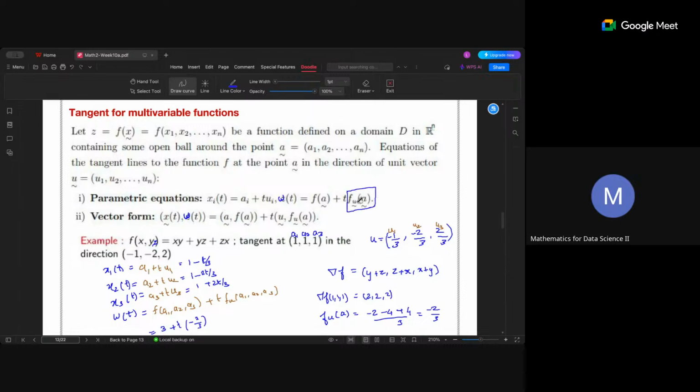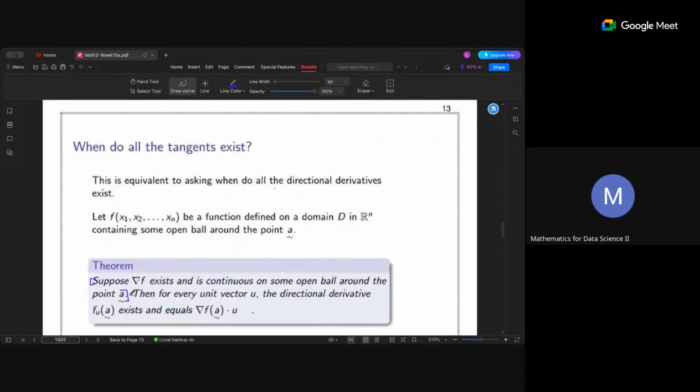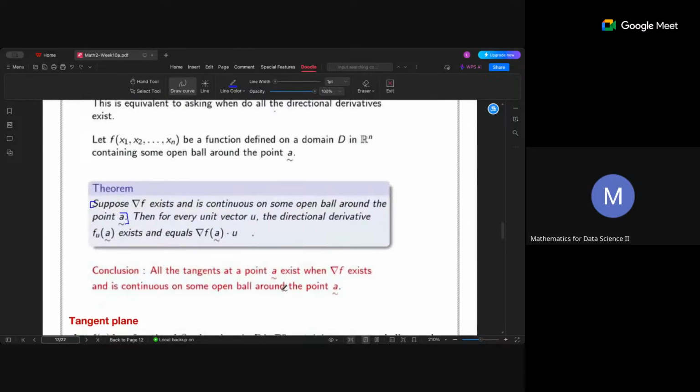This is the only thing. If this exists, then the equation of the tangent is ready for us. It means the tangent exists, yes or no? Yes, ma'am. So we need the directional derivative to exist, and the directional derivative exists under this condition. That is why we are saying the tangent at a point exists when del f exists and is continuous at the point. You understand now?